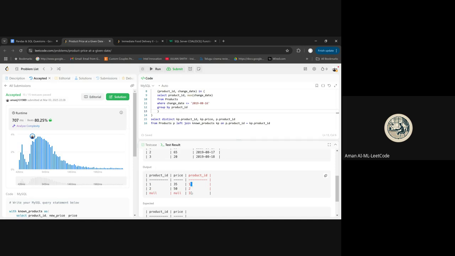We got the product ID, and then we got null and null here. We are not interested in this product ID. We are more interested in this product ID because its value here is null.